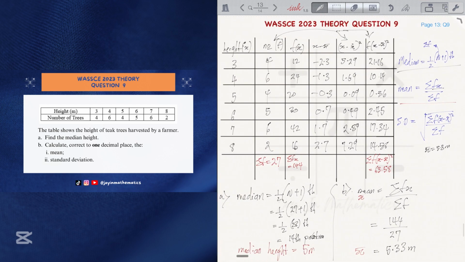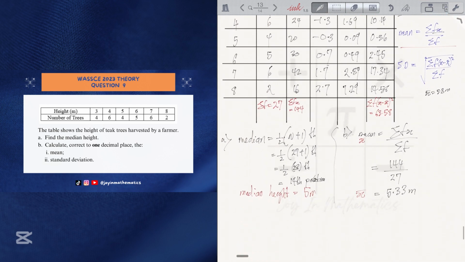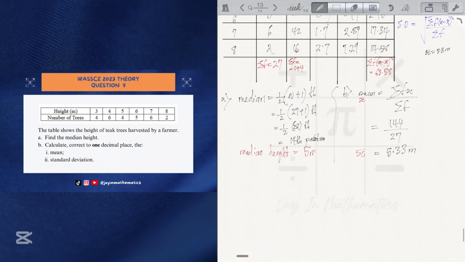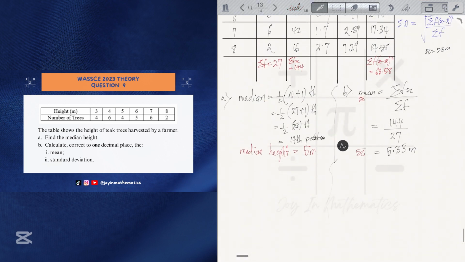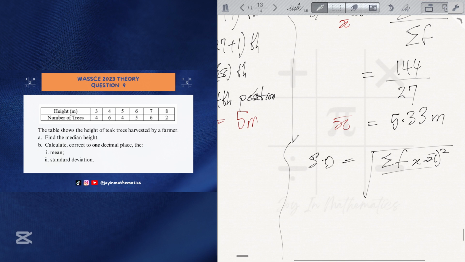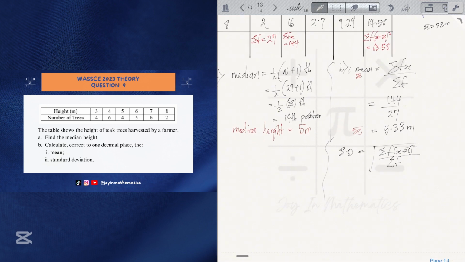So now we can evaluate our standard deviation. We'll use the formula for standard deviation. The formula says the standard deviation SD is equal to the square root of the summation of f of x minus x bar squared divided by the summation of f.